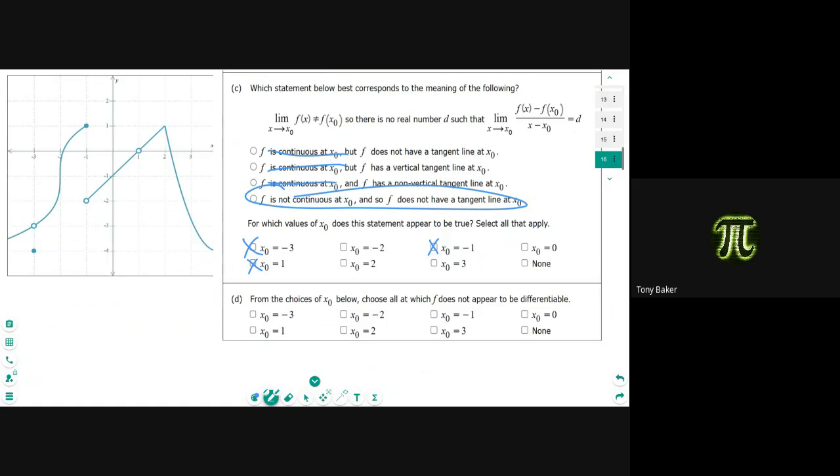All right. Where is this function not differentiable? Is it differentiable at x equals -3? No, because it's discontinuous. Is it differentiable at x equals -2? Why? So therefore, vertical. I know that it's blue now, but why is it not?